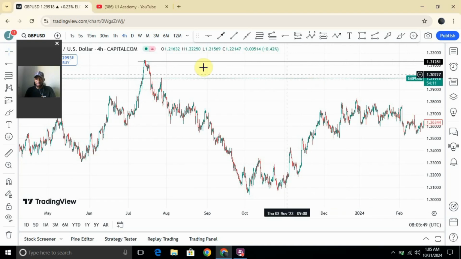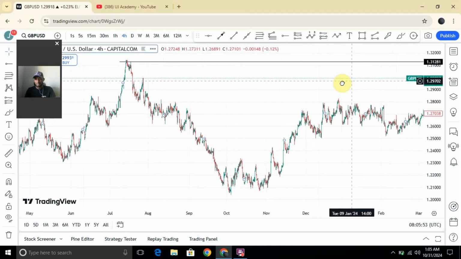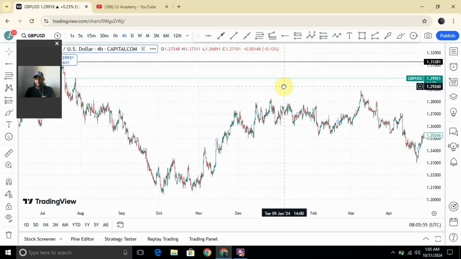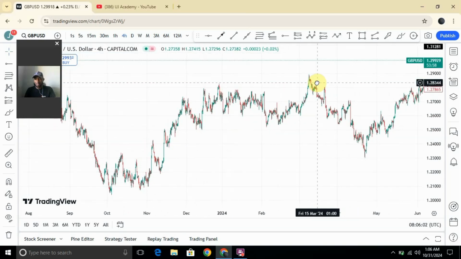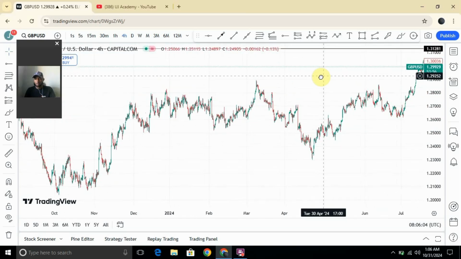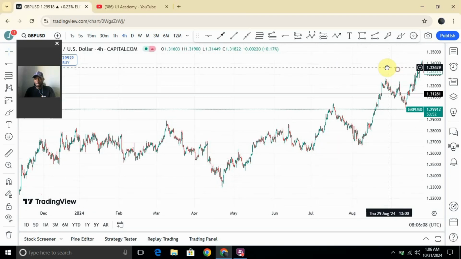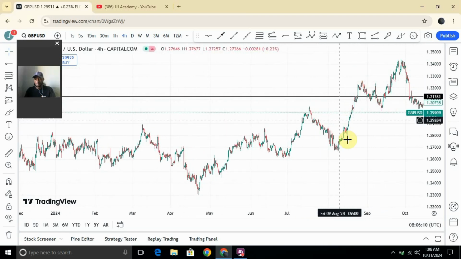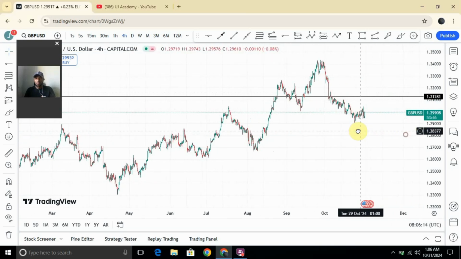Remember I told you sometimes it can be completely, sometimes it can not be completely. You can see it's going back to fill up that institutional reference point it has created initially before finally going back to its original direction. You can see this particular one completely filled that gap, then finally it is pushing down.